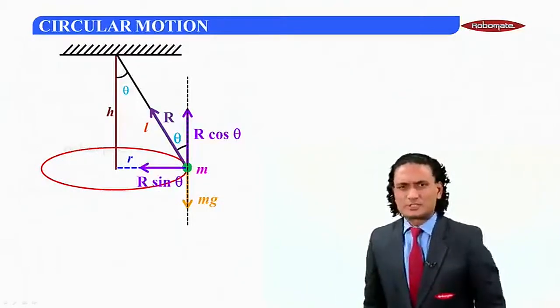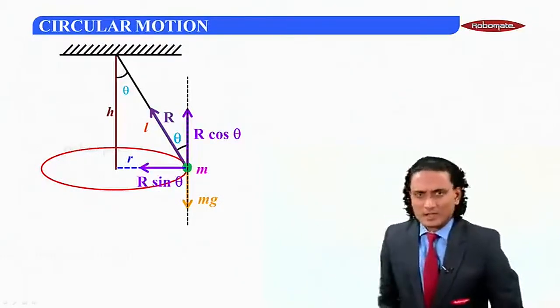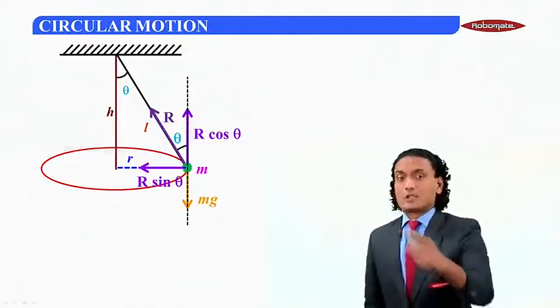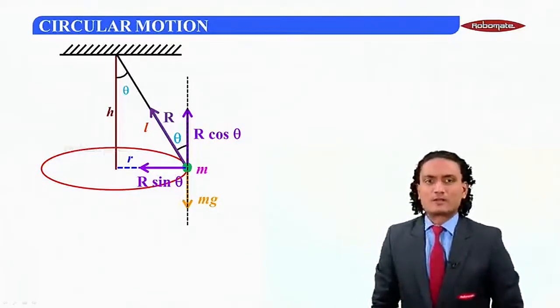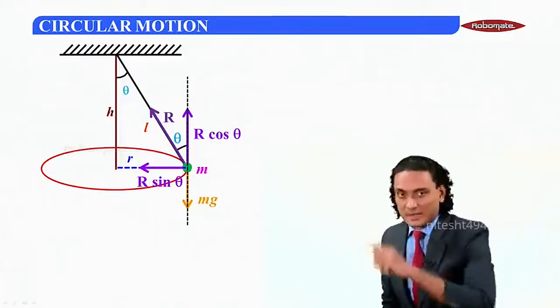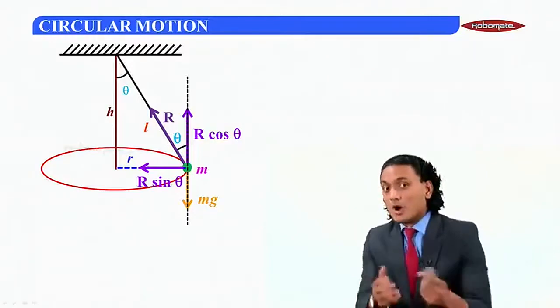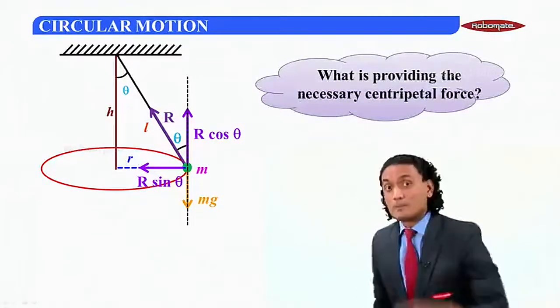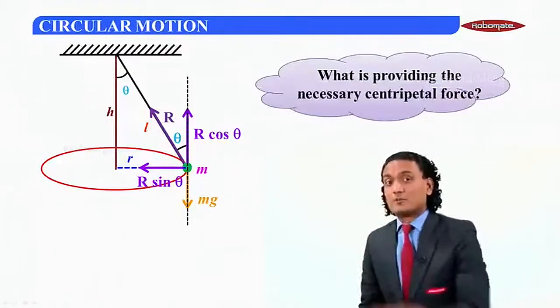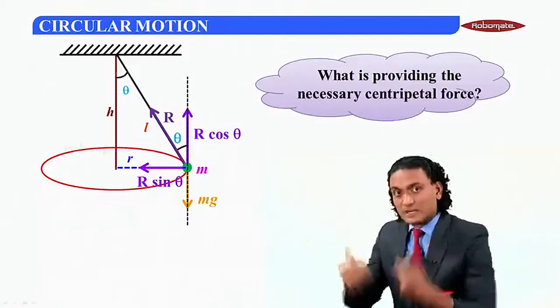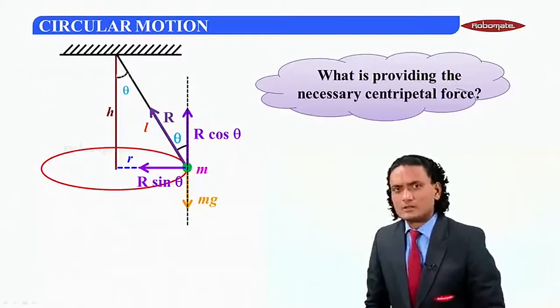Any other forces? No. Now see here, this bob is performing a circular motion. Now students, for circular motion, what force is required? Very good. For circular motion, you require centripetal force. So here, what provides the necessary centripetal force? See the diagram.